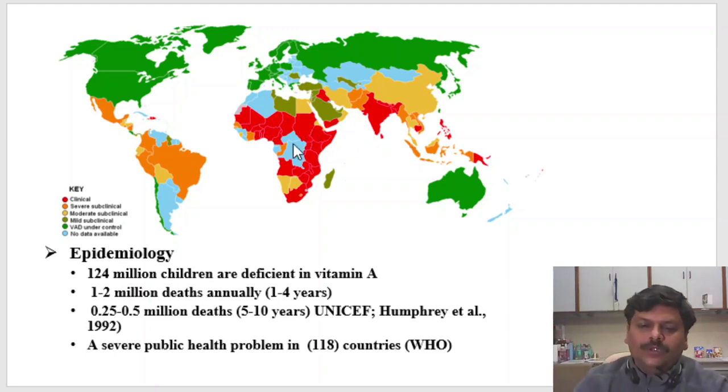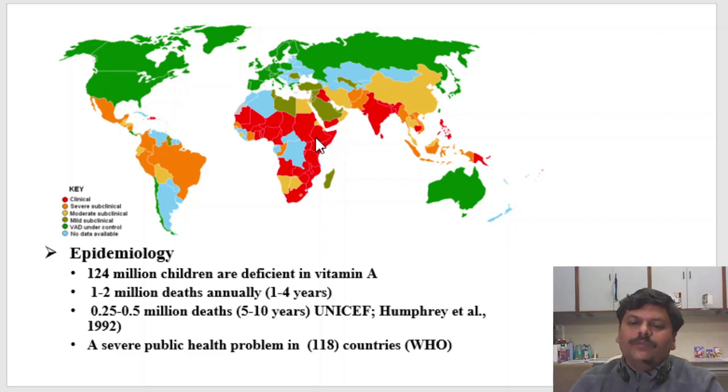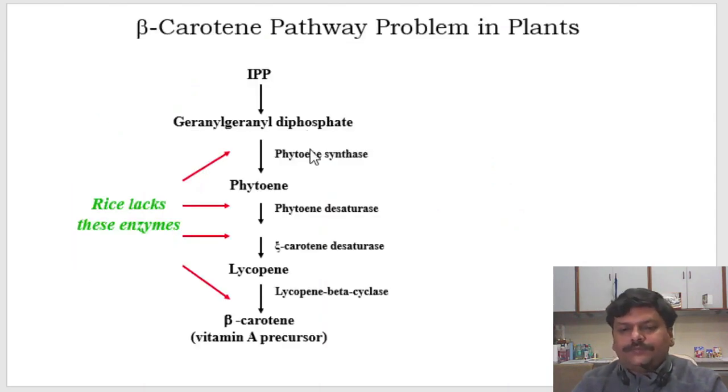I'm sure you know what vitamin A is. It is retinol, as we call it chemically, and deficiency of vitamin A results in poor vision and poor overall growth and development.